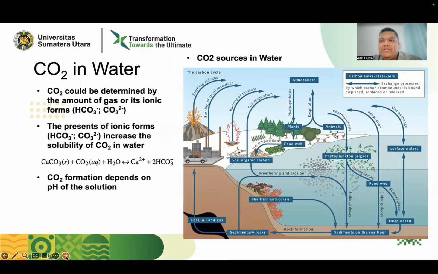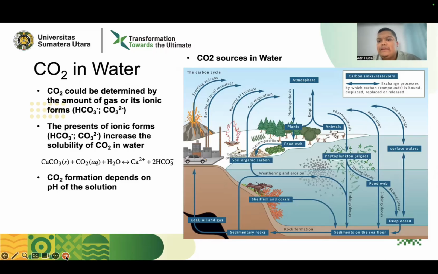Talking about the acid rain, it is also correlated to carbon dioxide in water. As we know, carbon dioxide can dissolve in water or also be present as a gaseous phase in the atmosphere. Carbon dioxide can form as an aqueous solution in the water system, and also could form in the atmospheric system.